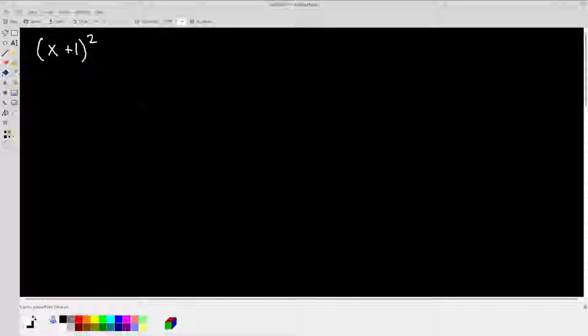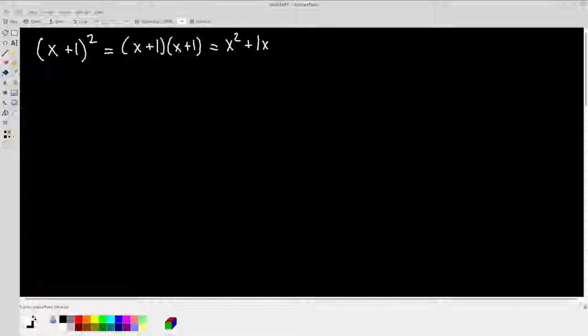Since you've got x plus 1 squared, you're going to have to write down x plus 1 times x plus 1, and do the full method to work this out. x times x gives you x squared. x times 1 gives you 1x.